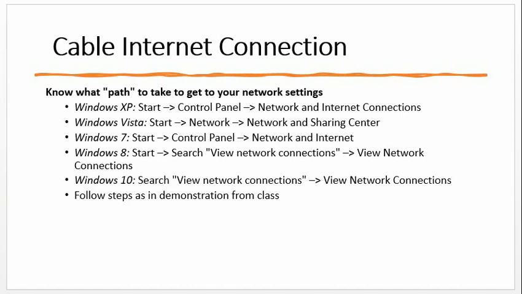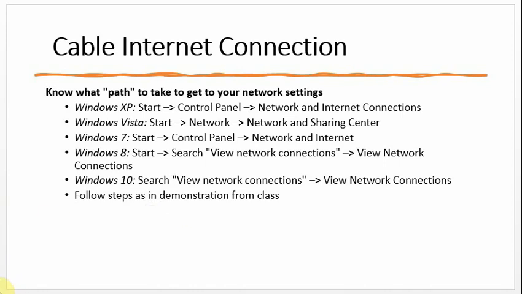In Windows 8, you search for the network connections. In Windows 10, same thing, you search, then you view network connections. Or alternatively, for Windows 7, 8, and 10, you search for settings, then you look for network settings.